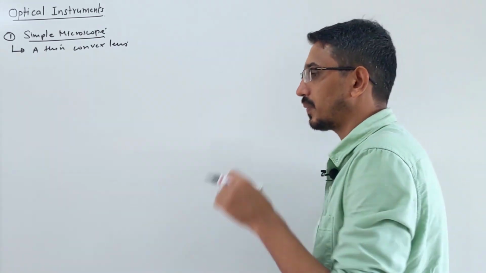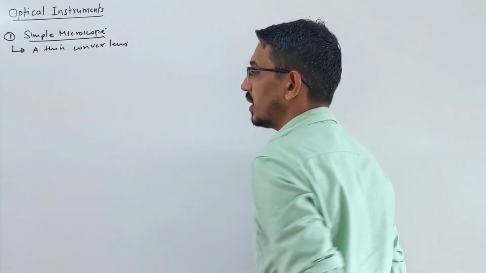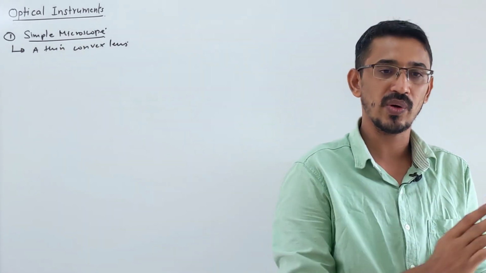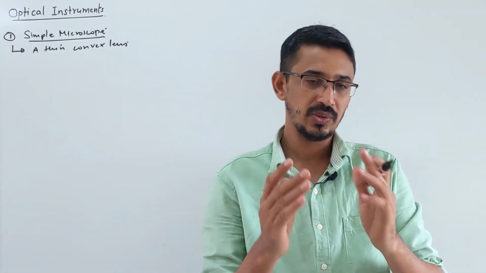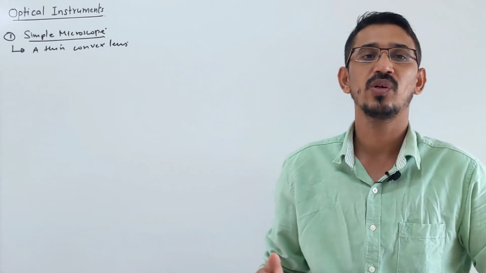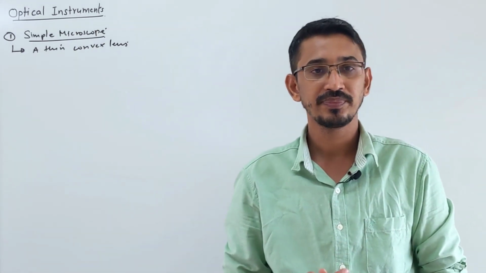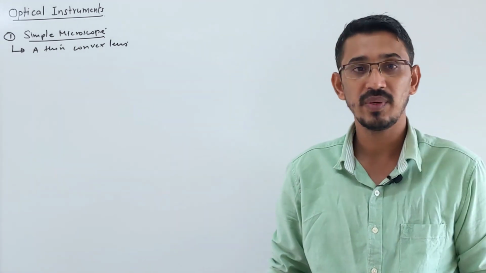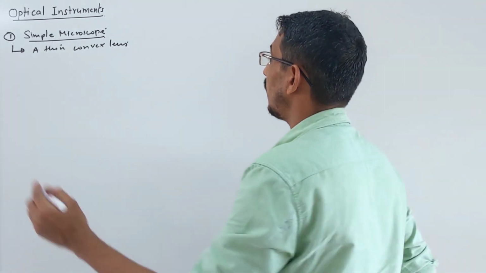In order to make a large image, we put the object close to the lens, between focus and the optical center. As you know, when you put the object between focus and optical center for a convex lens, it will make a virtual image. So a virtual, large and erect image will be seen by us, which will be a magnified image.